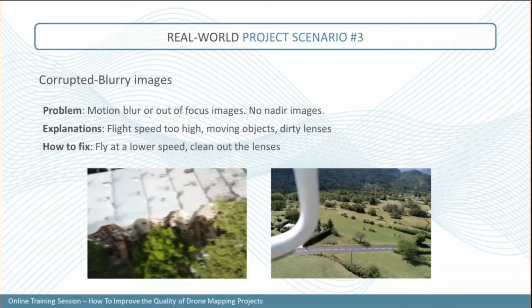In this case, either the shutter speed or the ISO was not properly set for the weather conditions, or the flying speed was too high. Sometimes just flying the drone a bit slower can help us have less blurry images.